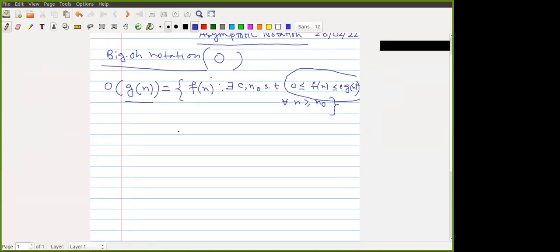So what does this actually mean? The intuitive idea is big O of g(n) represents a set of functions which are upper bounded by this thing. Maybe I'll draw the diagram first. I think it's better.